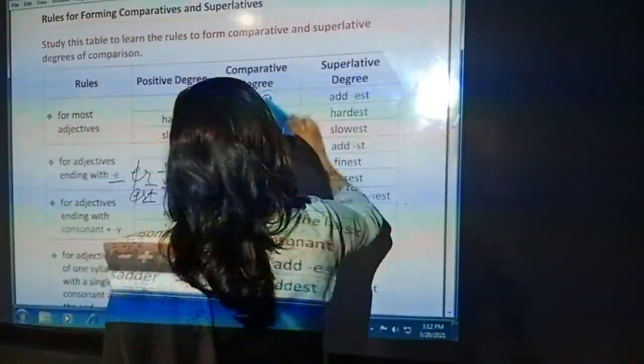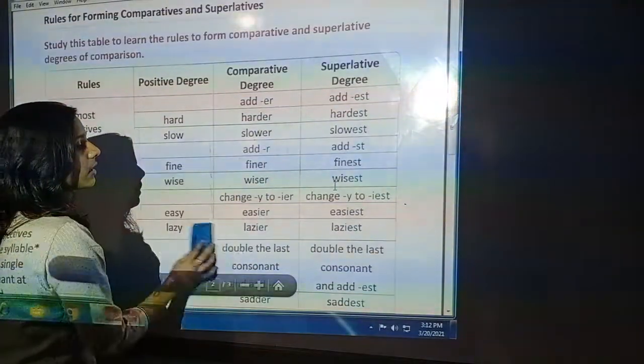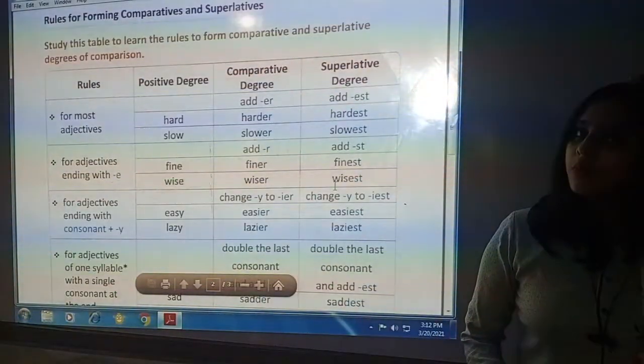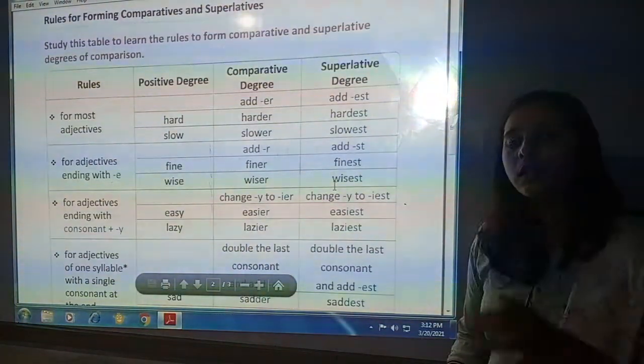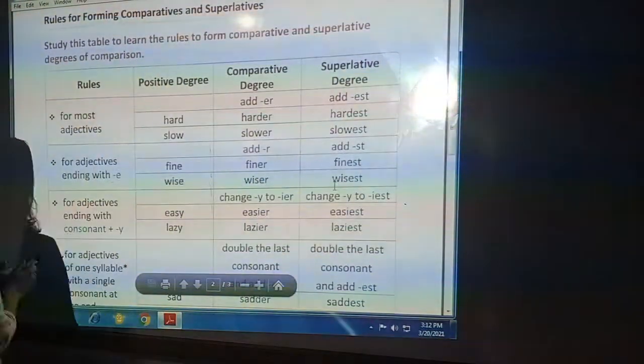Now, if the adjective is ending with Y, then what will be done? We will remove Y and instead of that we will place I. Clear? Let's see how the changes will be made.